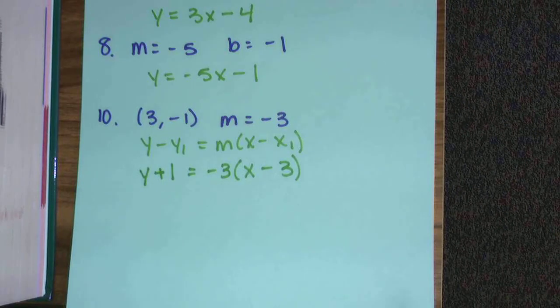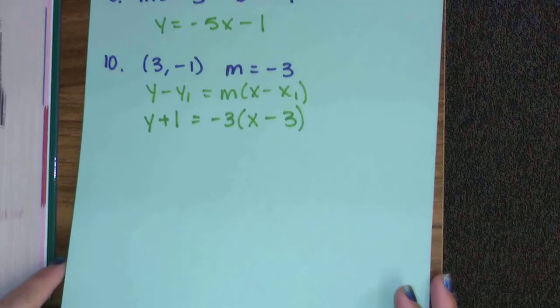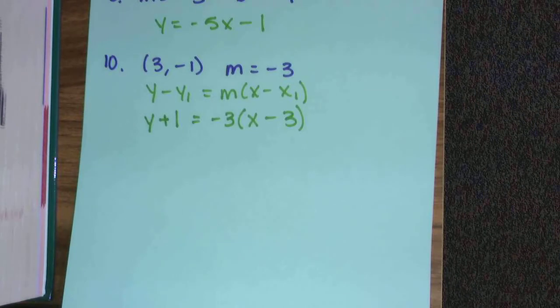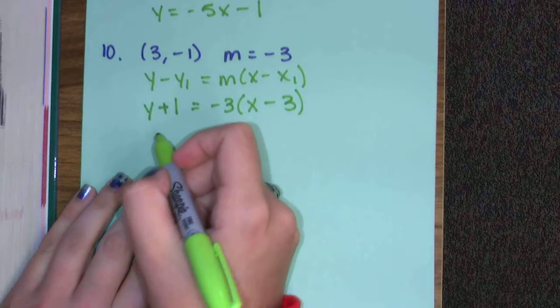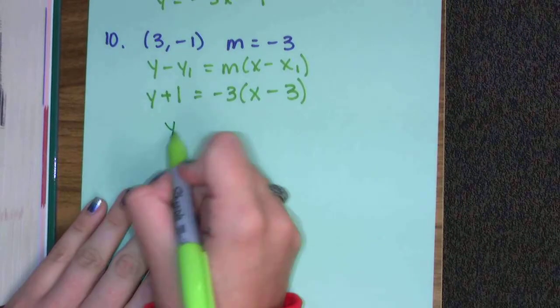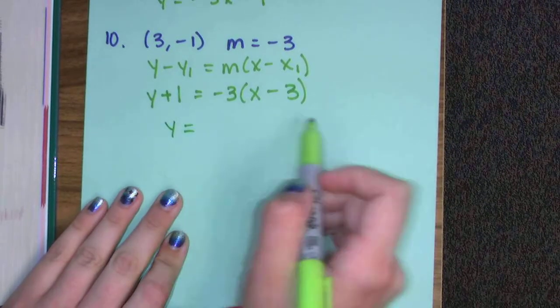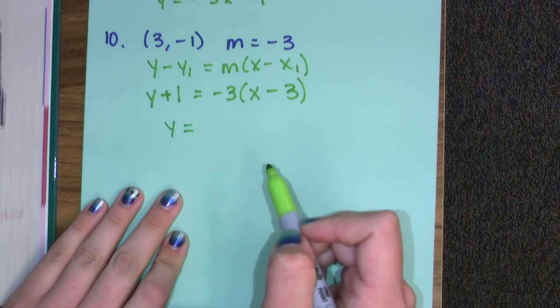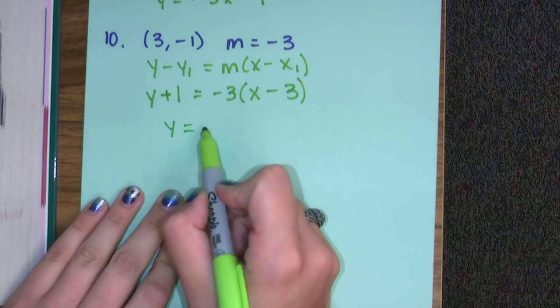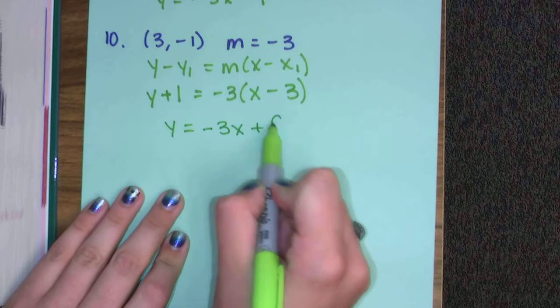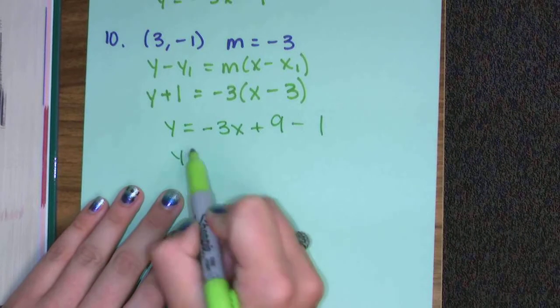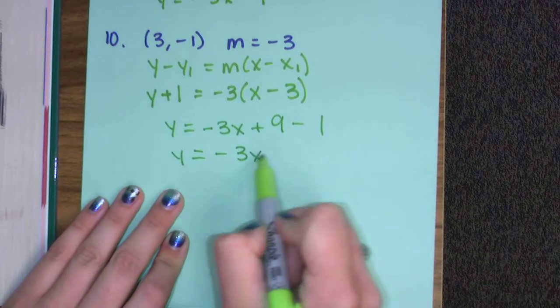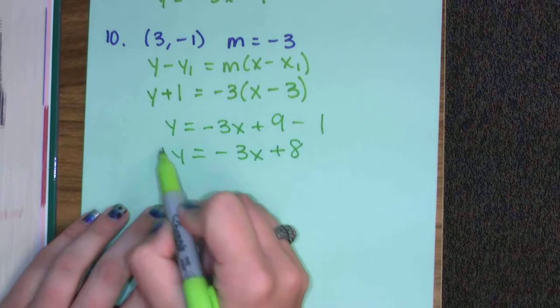And then now I need to simplify it down to y is equal to mx plus b, so how would I go about doing that? Yep, I can go ahead and do that all in this step, and then I get negative 3x plus 8 for the final answer.